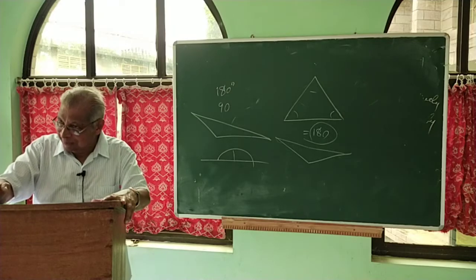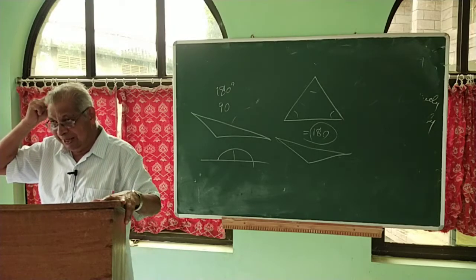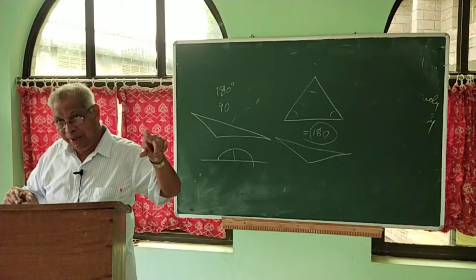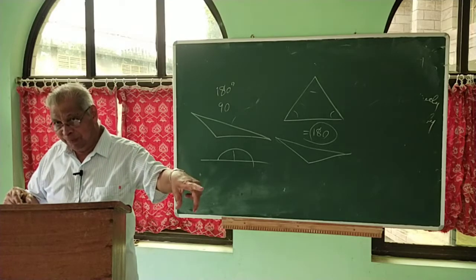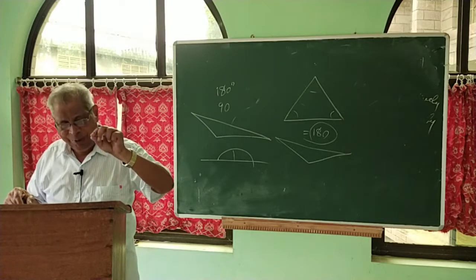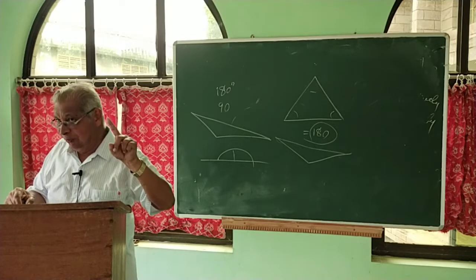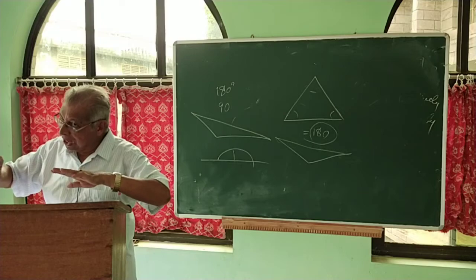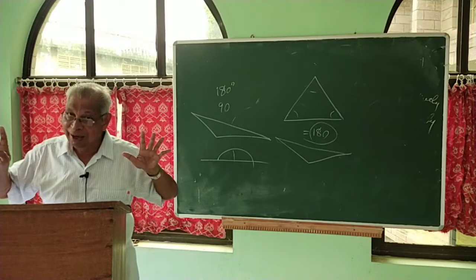That is one meaning. Another is so and so is the head of the family, so and so is the head of the state. When we use the term head, we are not using it in a totally different sense. It is partly same, partly different.